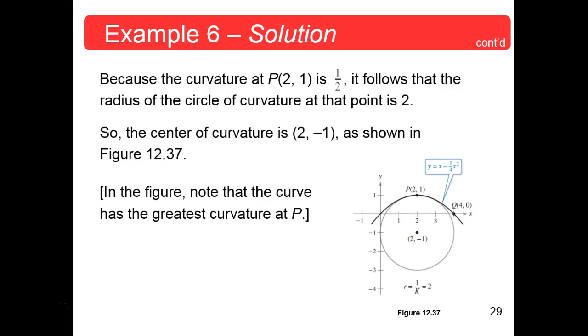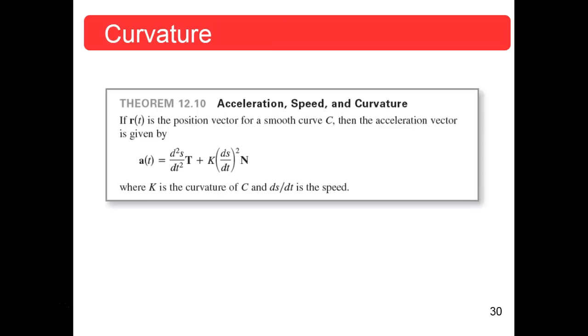But the verbiage at the top of the next page, before you get to this theorem, says arc length and curvature are closely related to tangential and normal components of acceleration. The tangential component of acceleration is the rate of change of speed, which in turn is the rate of change of arc length.